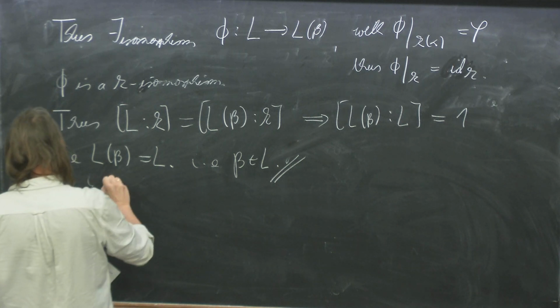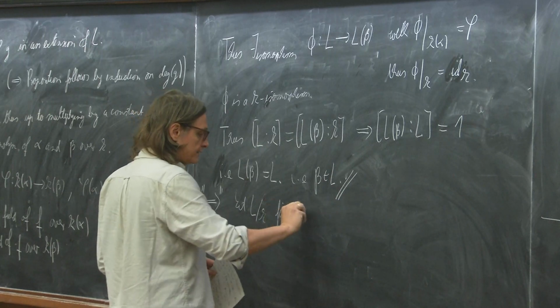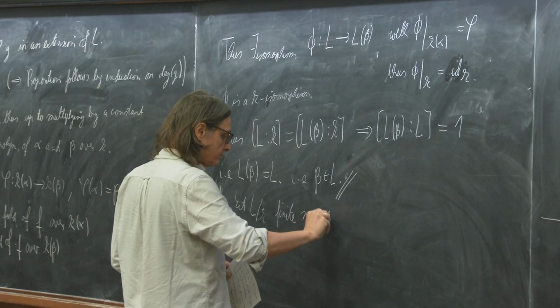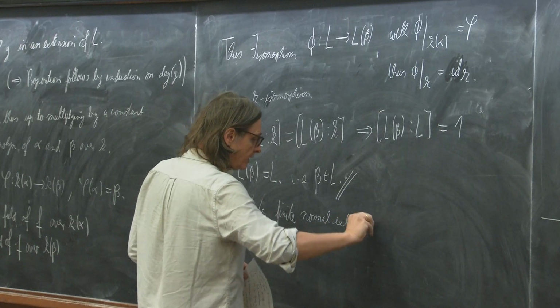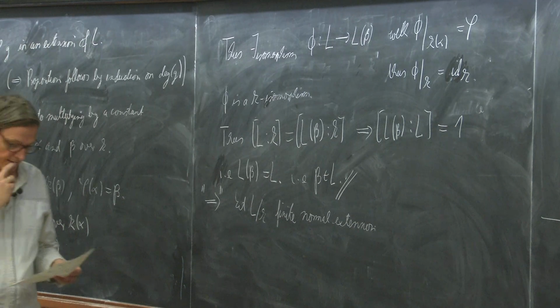So let L over K be a finite normal extension. As it's a finite extension, we can obtain it by adding finitely many algebraic elements.